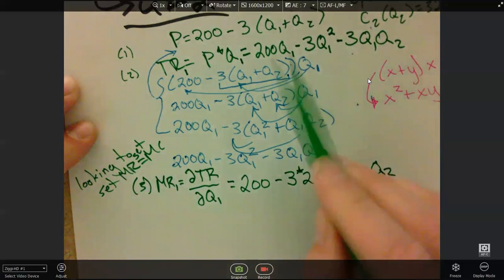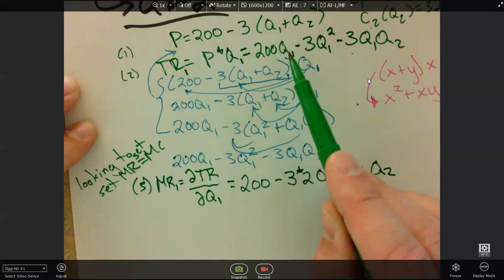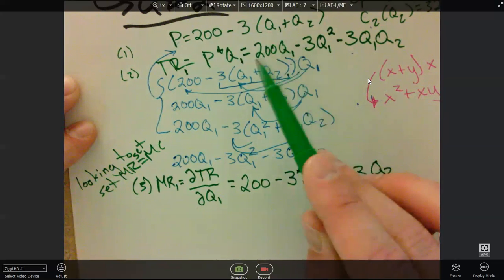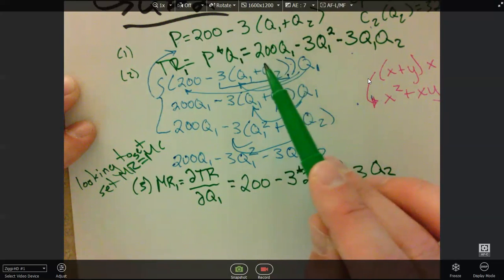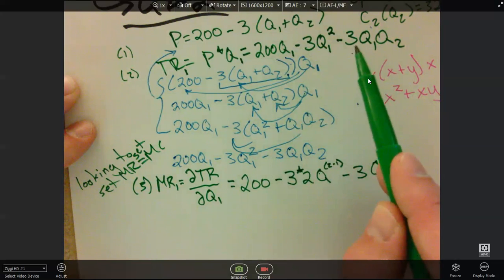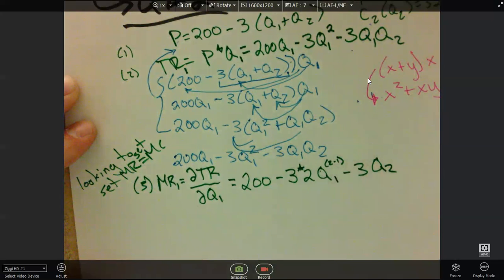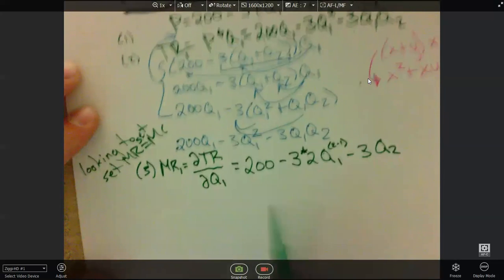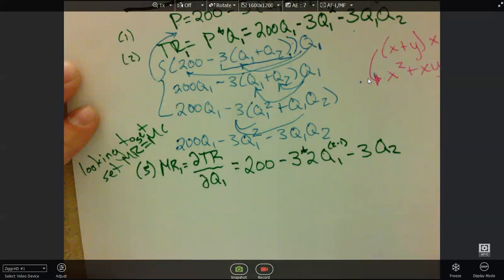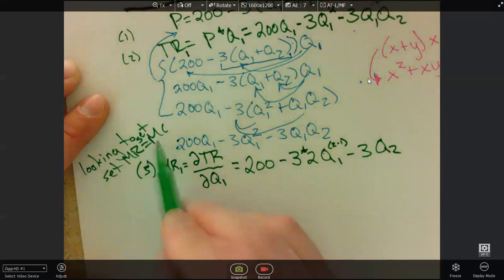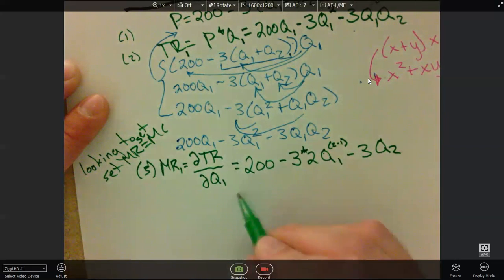Very similar to the first term, when we take the derivative of something that just has power to the 1, whatever's left over is the constant. Same thing over here. Since it's a partial derivative with respect to Q1, we leave this Q2 like it's a constant, and it comes right down here. I should label this Q1. Okay, awesome. So from here, we are going to set this equal to marginal cost, right? So go ahead and simplify this real quick.